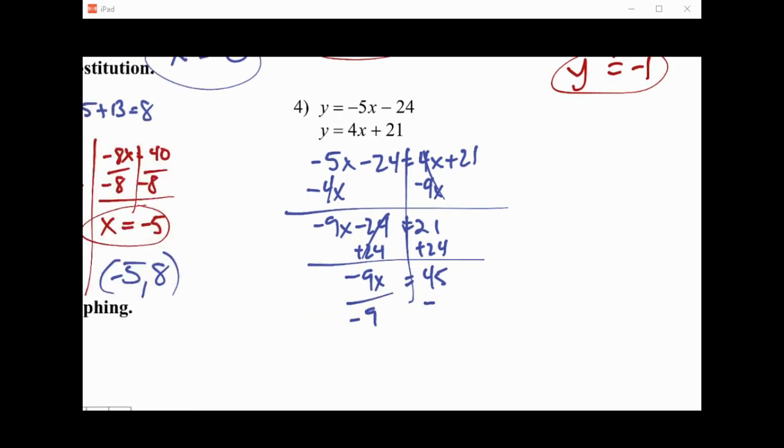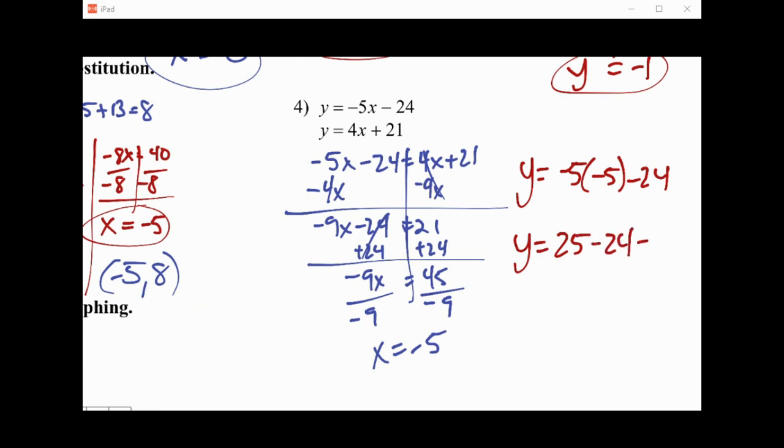Divide by negative 9, and x equals negative 5. And then it does not matter which one you plug it into. So negative 5 times negative 5 minus 24. So it's the point negative 5, 1.